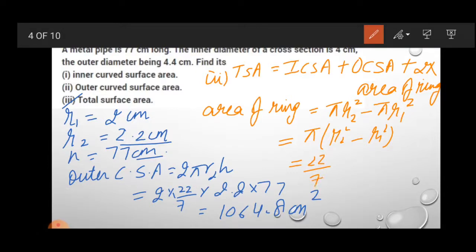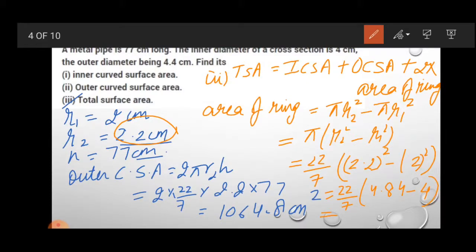Put the value of pi, 22 by 7, R2 is 2.2 whole square minus R1 is 2 square, which is 22 by 7, 2.2 whole square is 4.84 minus 2 square is 4. On solving this, we get area of ring is equal to 2.64 centimeter square.